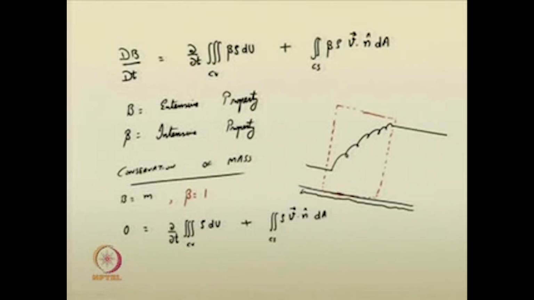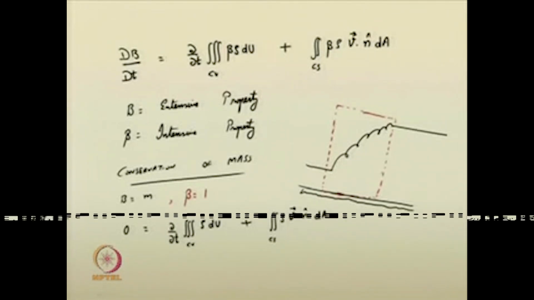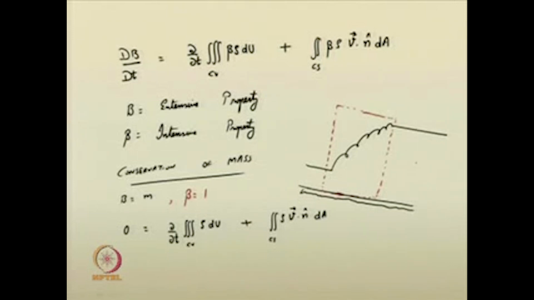Inside this control volume, you are not adding further water or removing any amount of water. Therefore, the first term will be 0. So the Reynolds transport equation for conservation of mass becomes ∫ρ v·n dA equal to 0.